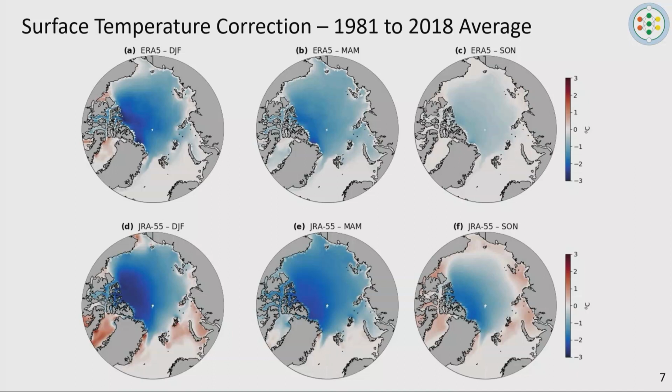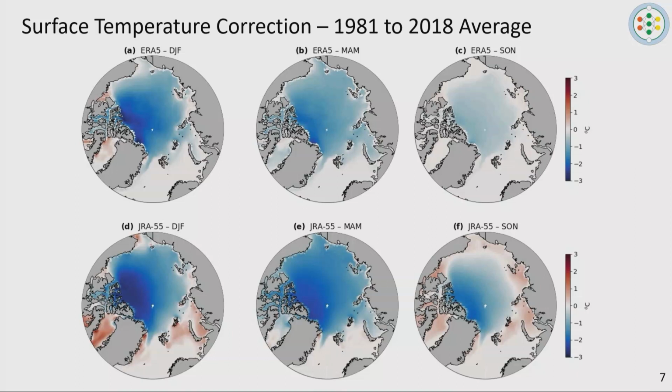But we can see that the correction is strongest in winter, when the ice is thicker and it's colder, and it has a seasonality. And we also see that, particularly for GRA55, we get this double type of correction. So we have the cold correction in the central Arctic where the ice is thick, but we also capture this warm correction over the thinner ice.